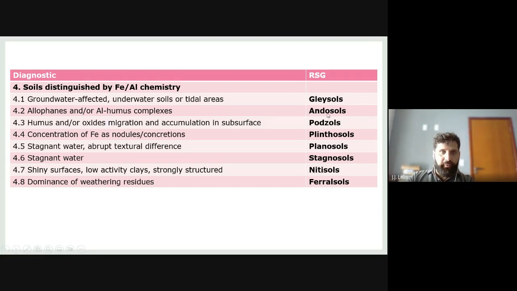This word is related to a specific soil that first of all was described in Japan. So the andic soils, the andosols, are those soils that we can find in Japan.